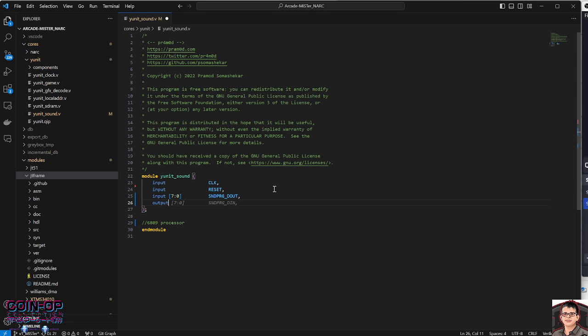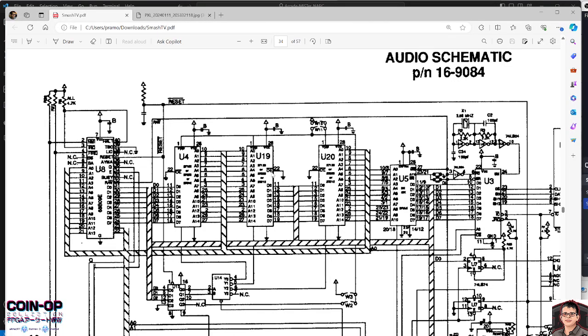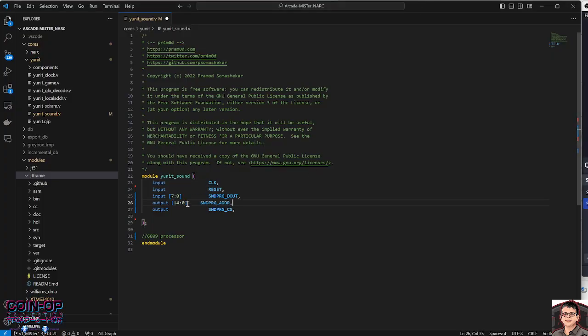Output sound prog CS, but let's not have that be 7:0, let's just do it that way. And then we're going to have an output for the address, so output, and it's 14:0, let's make a check here. Yeah, 14:0. Sound prog addr right there.